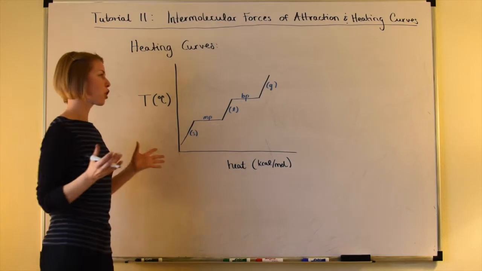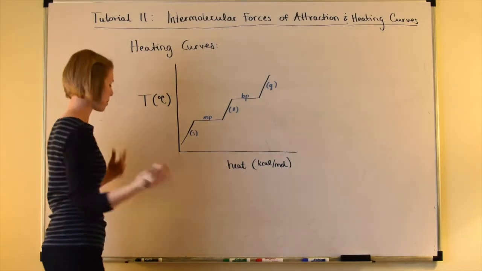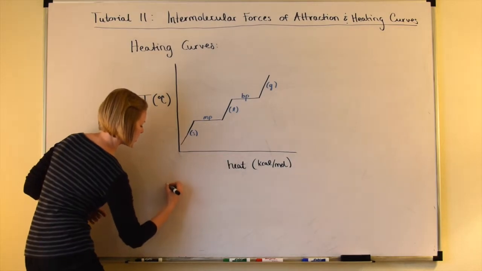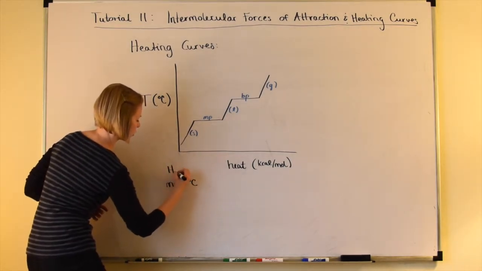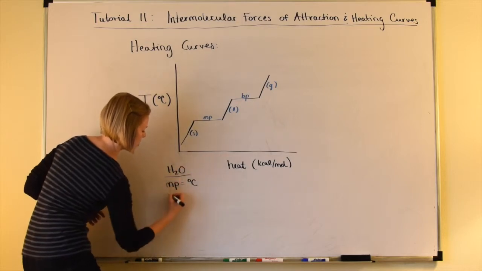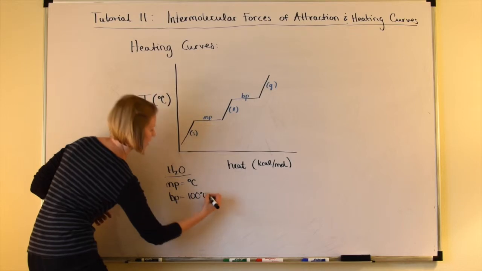Okay, so let's just go ahead and do this heating curve for water, because we happen to know the melting point of water is 0 degrees Celsius. Let's write H2O here for water. And the boiling point is 100 degrees Celsius.